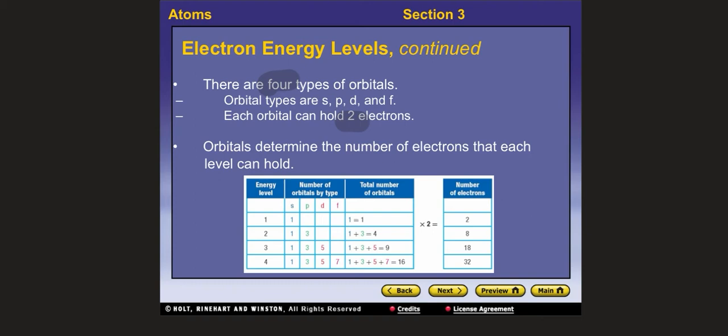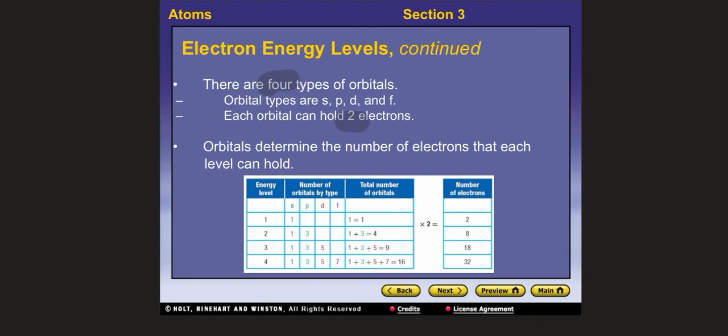So think about an orbital like a shoebox. Shoeboxes hold 2 pairs of shoes. But then you may have a large amount of shoeboxes in your closet. So an orbital holds 2 electrons, but there may be a large number of orbitals in the atom. Orbitals determine the number of electrons that each level can hold.